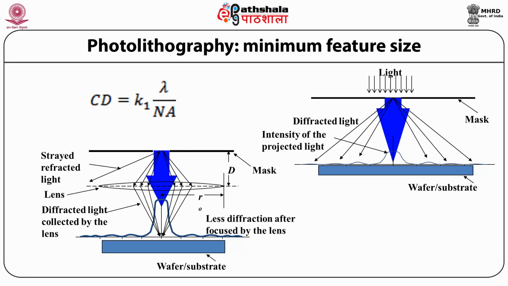So the characteristic dimension L of this feature is given by L is equal to 2 lambda divided by pi multiplied by NA, where lambda is the wavelength of the light and NA is the numerical aperture of the system that decides how sharp the angle of divergence would be.